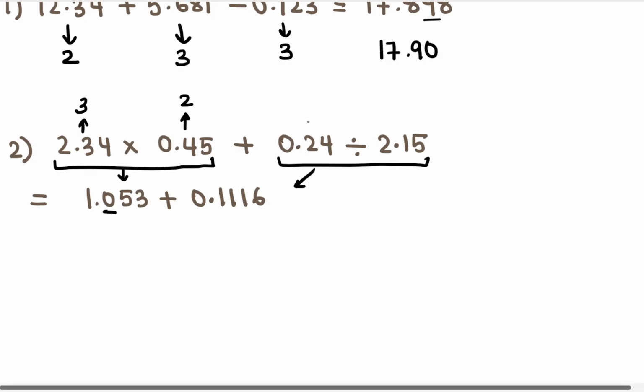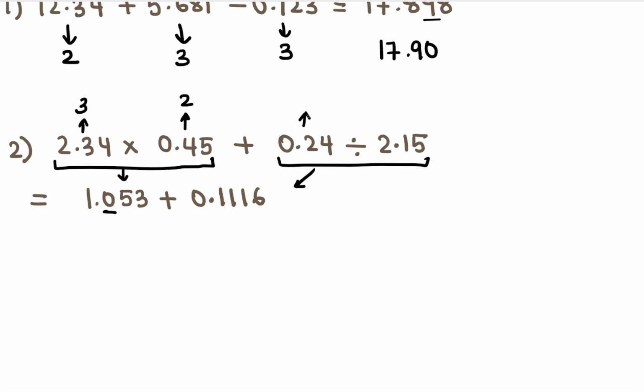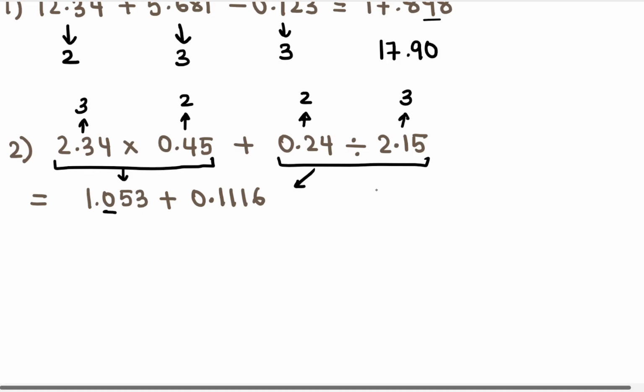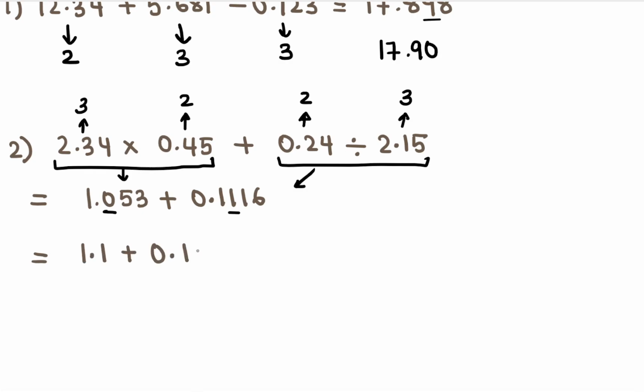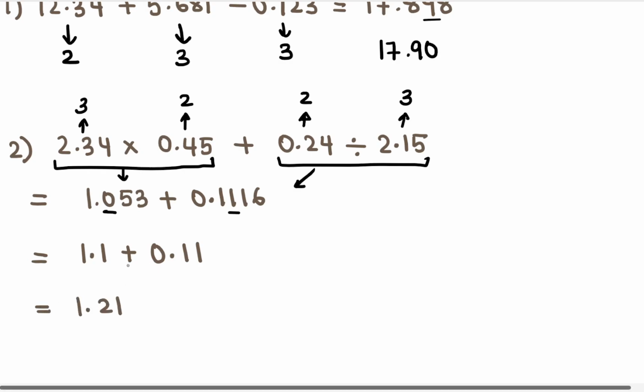And for this number, 0.24 has 2 significant figures and 2.15 has 3 significant figures. So we'll round it to 2 significant figures, right here. And so this will be 1.1 plus 0.11. Now we can do the next step, and this would give us 1.21.